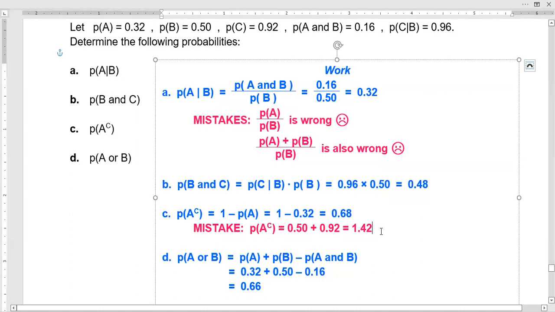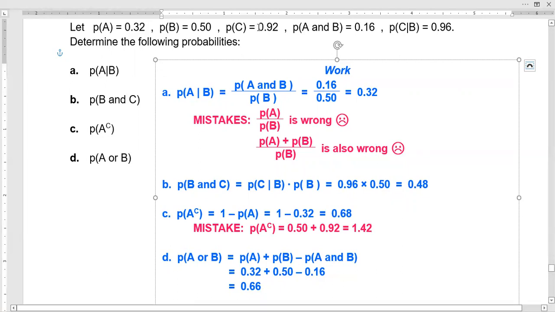The reason I think sometimes we want to do this is because we think certain events are mutually exclusive when they are not. So in this situation, we can see that A and B can happen at the same time. So B is not the opposite of A because they can happen at the same time. So just because A isn't happening doesn't mean that B has to. Doesn't mean that C has to either.